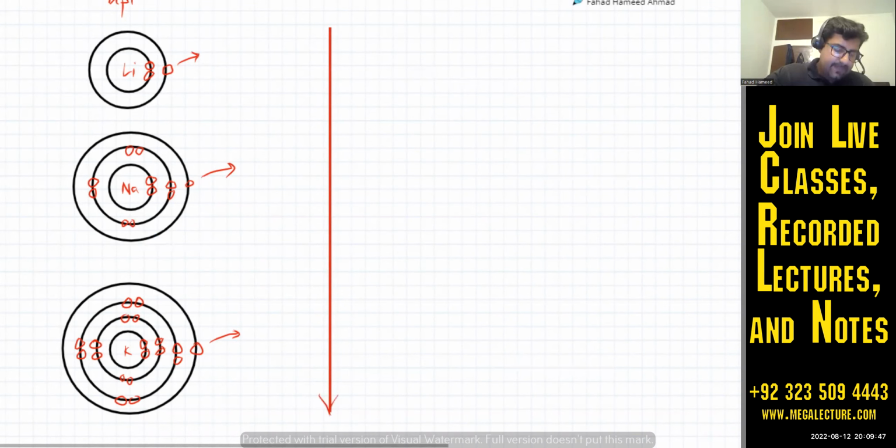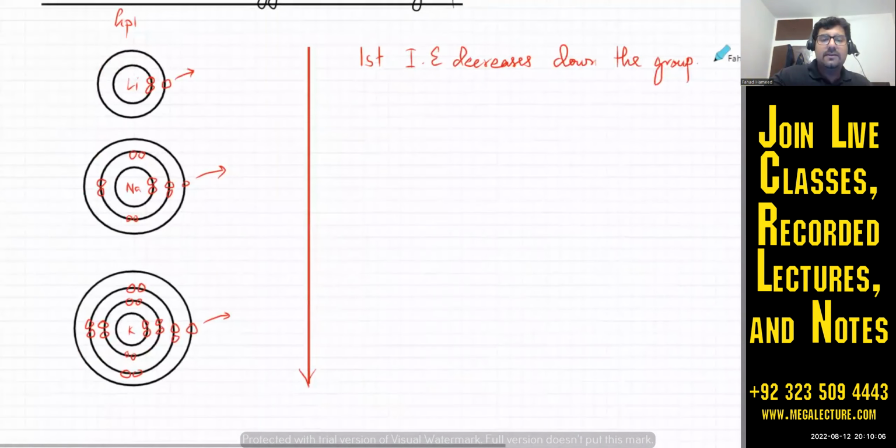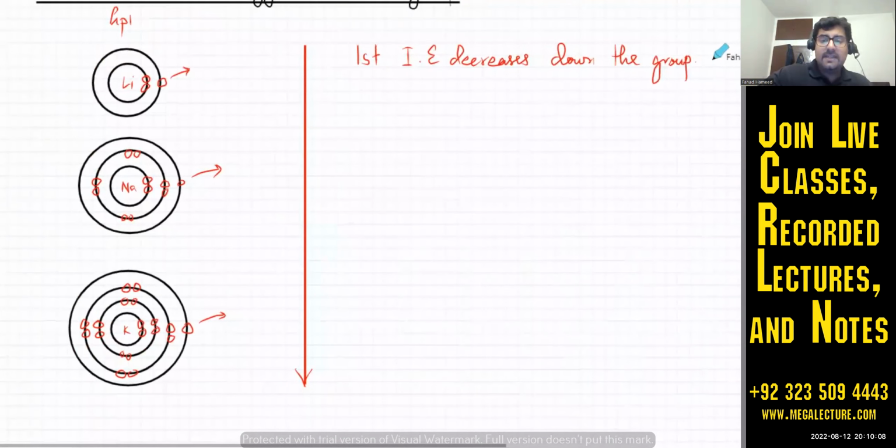So that means the first ionization energy decreases down the group. And then you would have to give the reasons for that. So what are the reasons why the ionization energy is decreasing down the group?